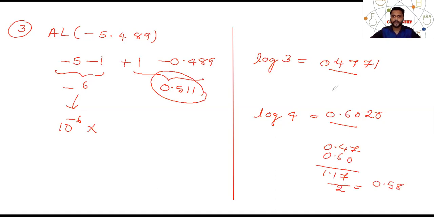Somewhere here 0.58, I can take approximately log in between 3.5. But we have actually 0.511. So I'll go for less than 3.5. Let it be 3.3. So based on the options in the competitive examination, we can select the answer and still we go for further approximation. So in this case, let me write the answer as 3.3 into 10 power -6.